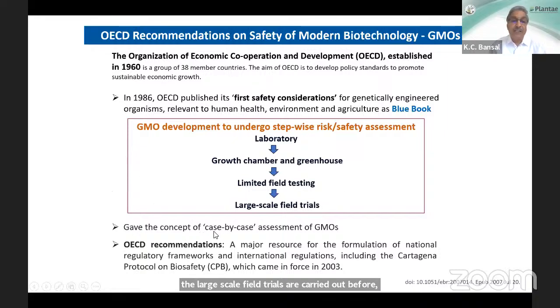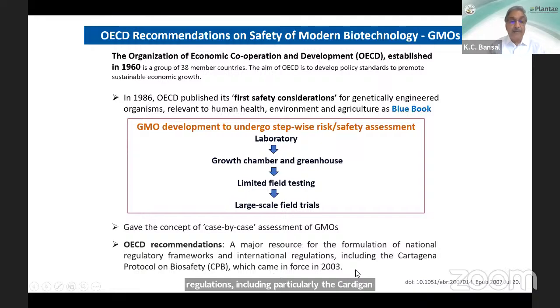And the OECD gave a concept of case-by-case assessment of safety of these GM crops using certain guidelines and procedures, as I mentioned before. Also, these OECD recommendations became a major resource for the formulation of national regulatory frameworks around the world, and also international regulations, including particularly the Cartagena Protocol on Biosafety, which came into force in 2003.